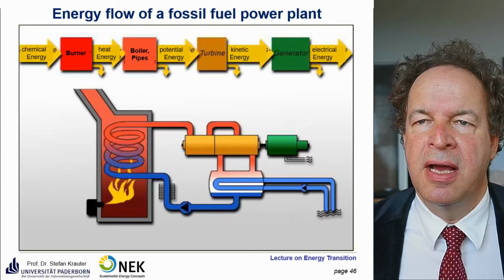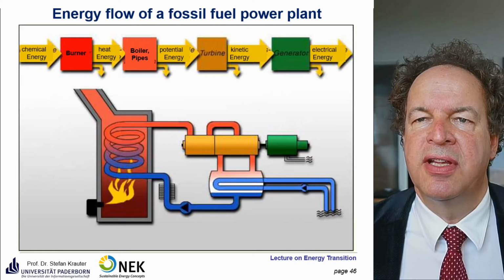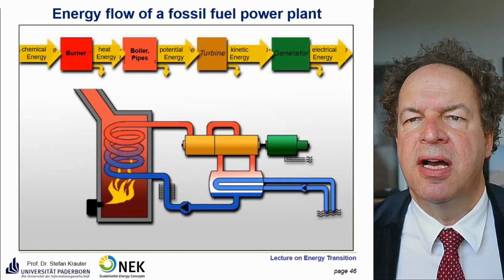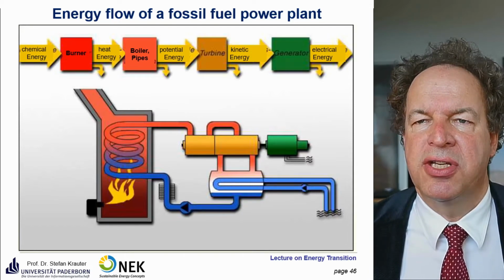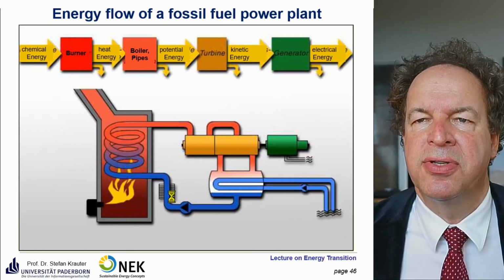Here you see the energy flow again of a fossil fuel power plant, in more detail now. You have the chemical energy coming into the burner. Then you have some losses already there, as indicated by the yellow arrow that goes down.